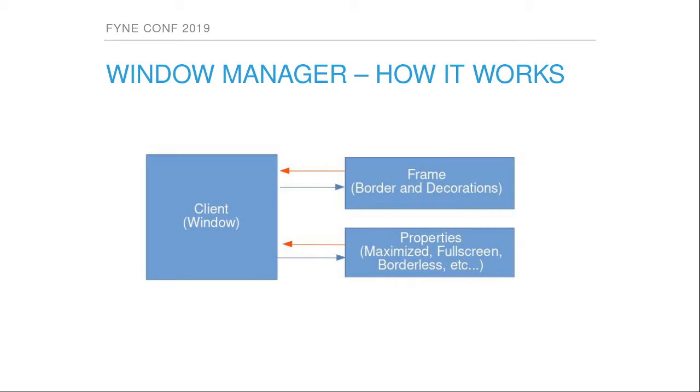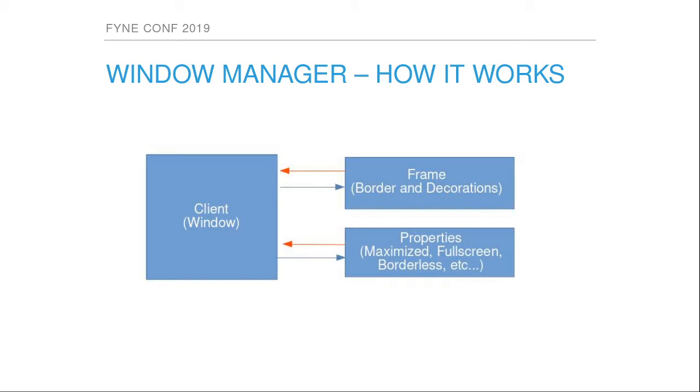So on the previous slide, when you saw that the X server would send the window manager a message and say, hey, this client's here, it's ready to go, what we do is we create a client within our code, and we apply a frame to it based on any hints that are sent through to us from the server. So we put a border and we decorate it, and then we set it up to be able to communicate back and forth with the client about anytime that border and decoration is resized, anytime that it's moved, that kind of thing.